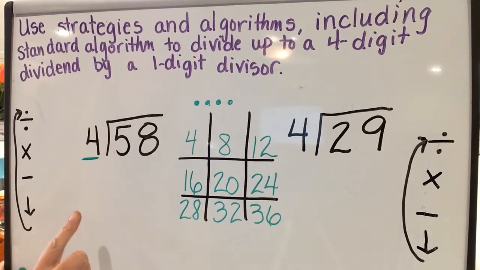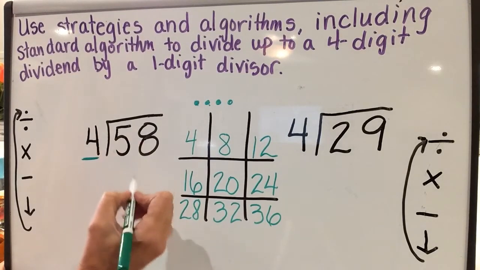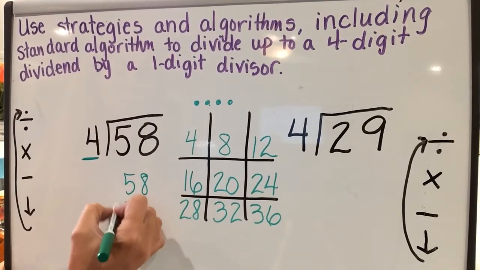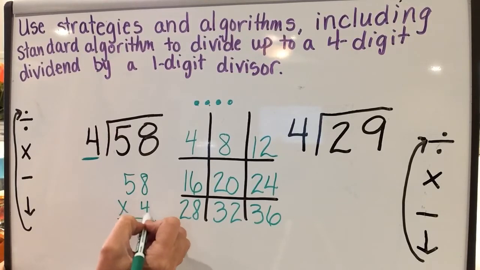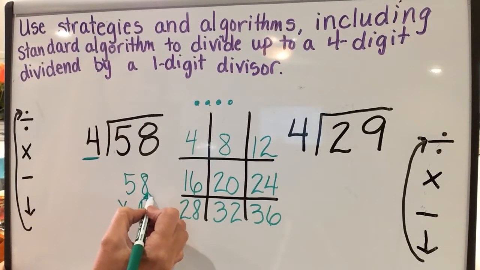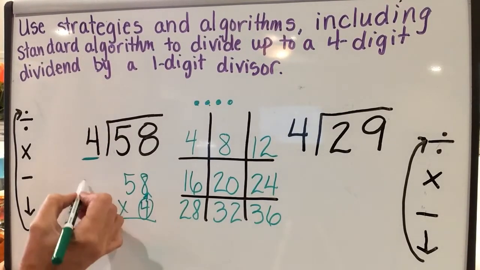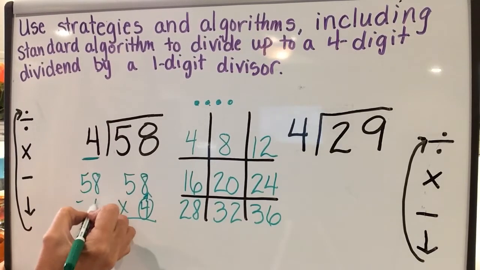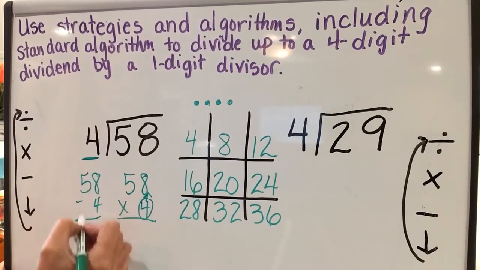The other thing I want to draw your attention to is that anytime that we multiply, so if we said 58 times 4, we would start on this side and work our way back this way. If we subtracted 58 minus 4, we would start in the ones place.